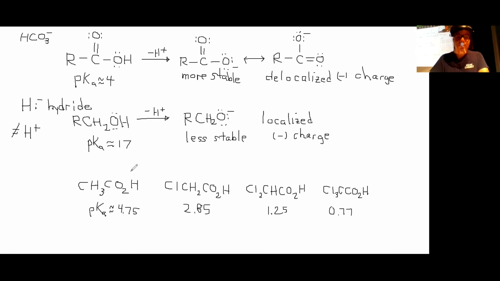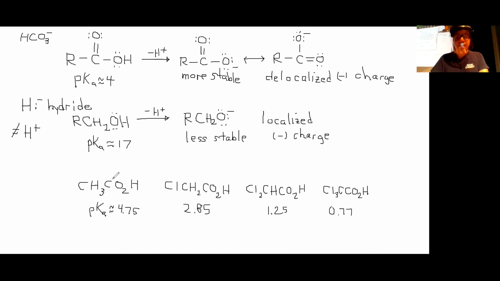That's because, again, if you imagine the conjugate bases, which one is the most acidic? Well, you guys tell me. Remember that on the pKa scale, the lower the pKa, the more acidic, the higher the pKa, the less acidic. So as we're replacing hydrogens with electronegative chlorine atoms, we're making the compound more and more acidic.